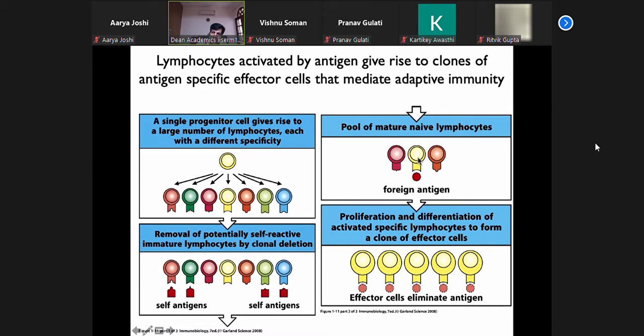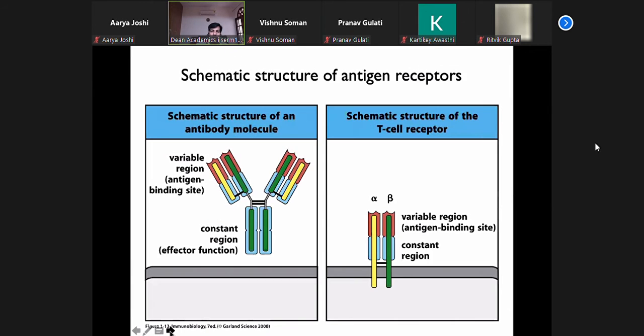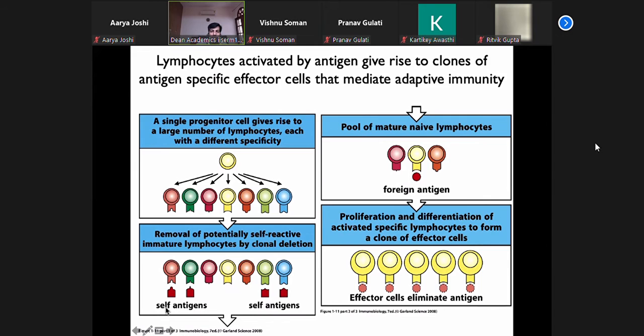There are subtle changes in the transmembrane and cytosolic portion of this receptor, so those are removed, and only the secreted antibody molecule will then bind to these antigens and try to neutralize them. So these are the steps of clonal selection theory. If something is not clear, ask it before we go to the architecture of the receptors.